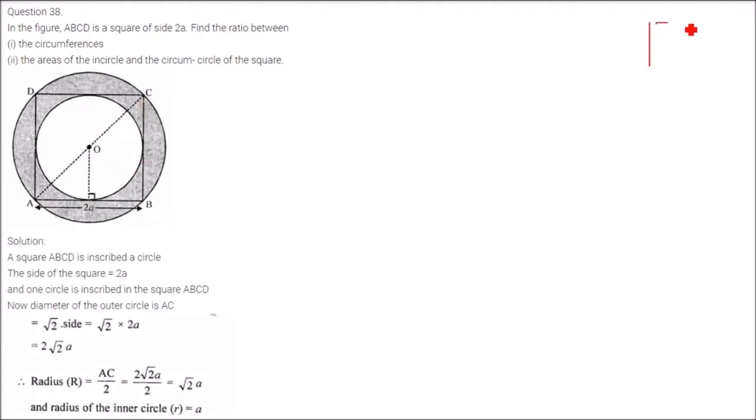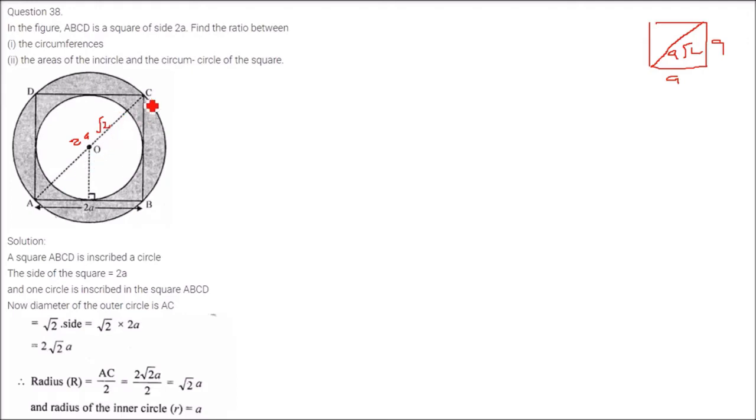We know that for a square, if the side is A, the diagonal will be A root 2. So this is 2A and this is 2A, so the diagonal will be 2A root 2. This diagonal will be helpful for finding the radius of the bigger one and the smaller one.